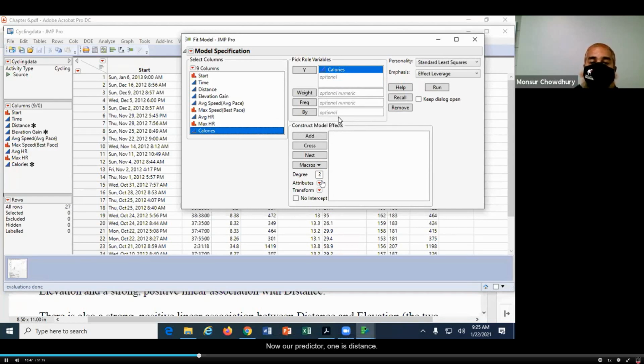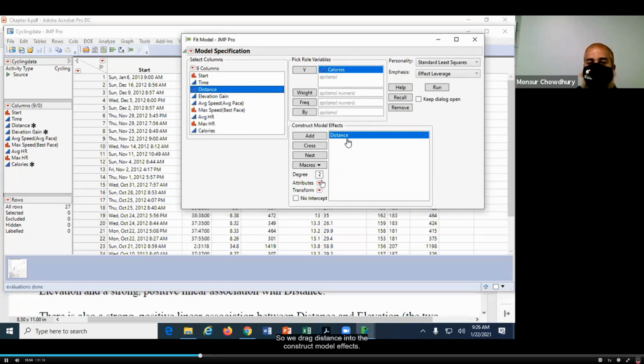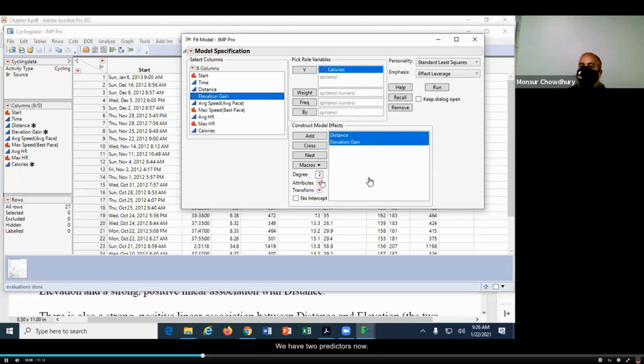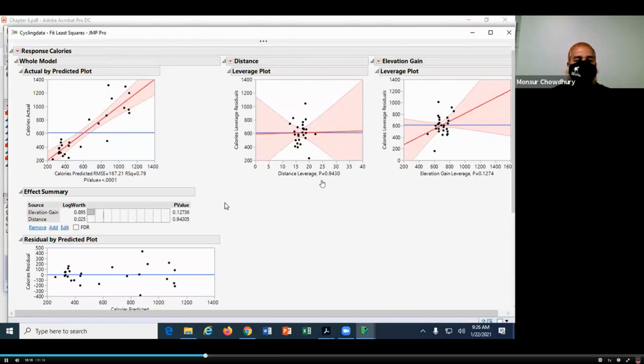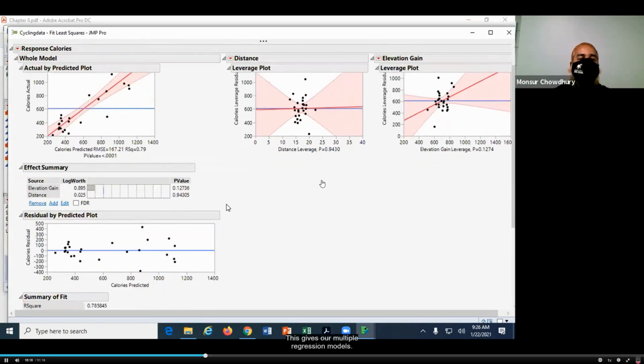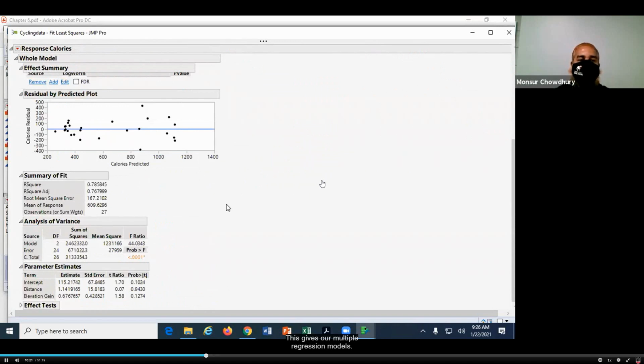Our predictor one is distance, so we drag this one into the construct model effects. Now we have another predictor, the elevation gain, so we drag this into the construct model effects. So we have two predictors now. We don't need to change anything else. We can just click Run. So this gives our multiple regression model.